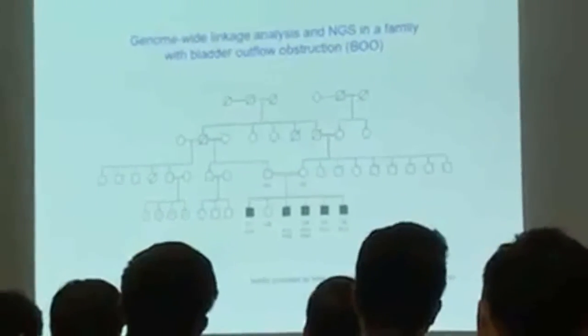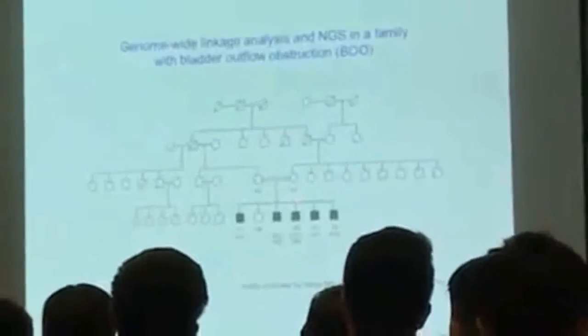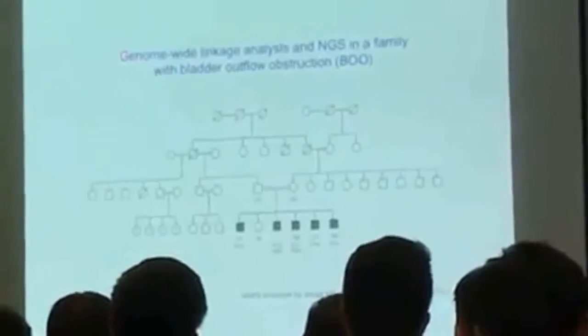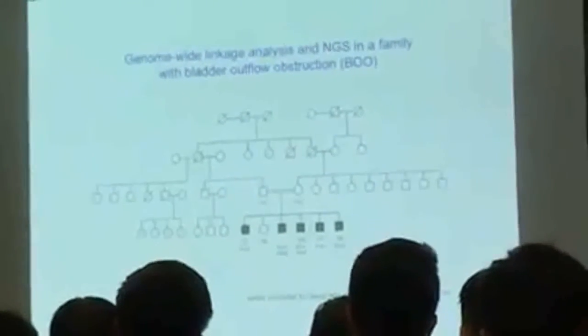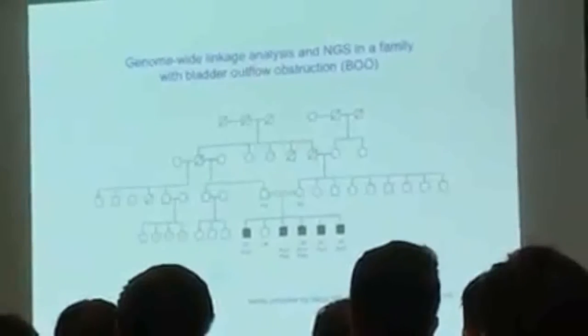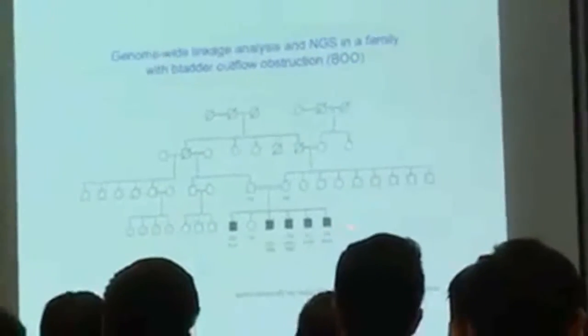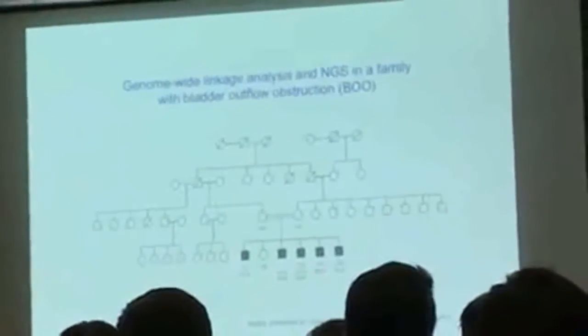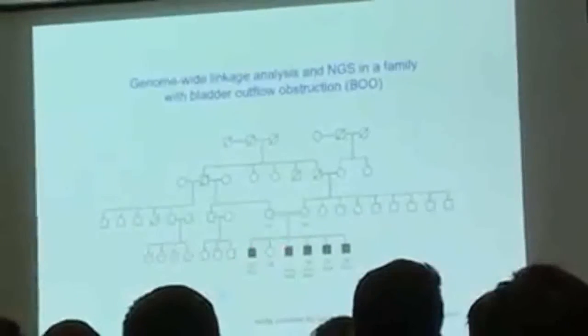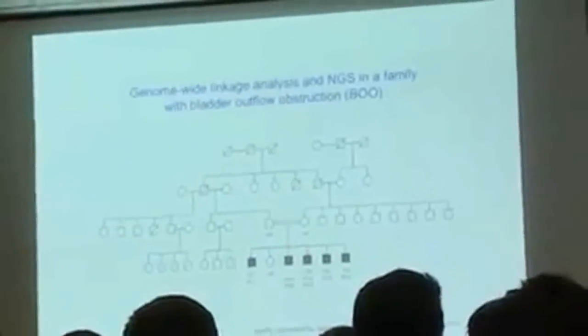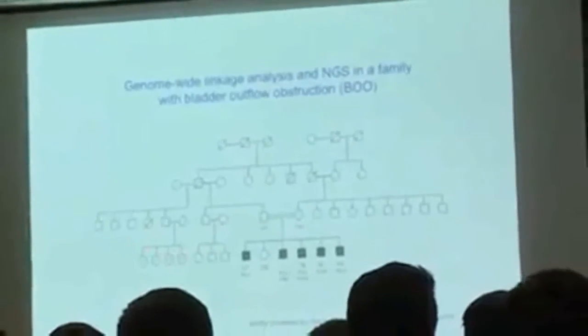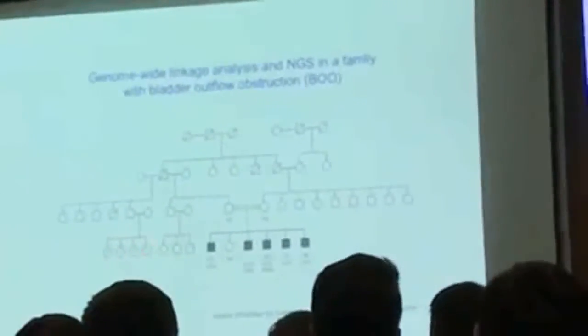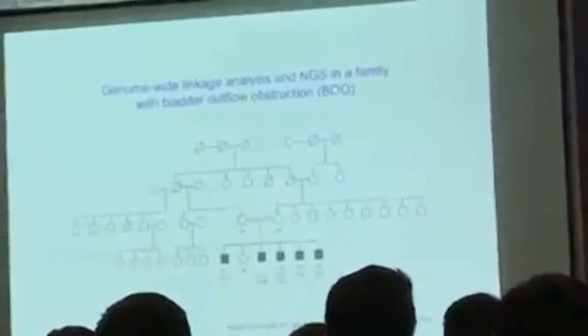So if you look into this special family, right? This is a genomic wide linkage analysis using NGS in family with a bladder outflow obstruction. You can see the whole family have the bladder outlet obstruction. Then this family are very worried about it, so they want to do that linkage analysis.